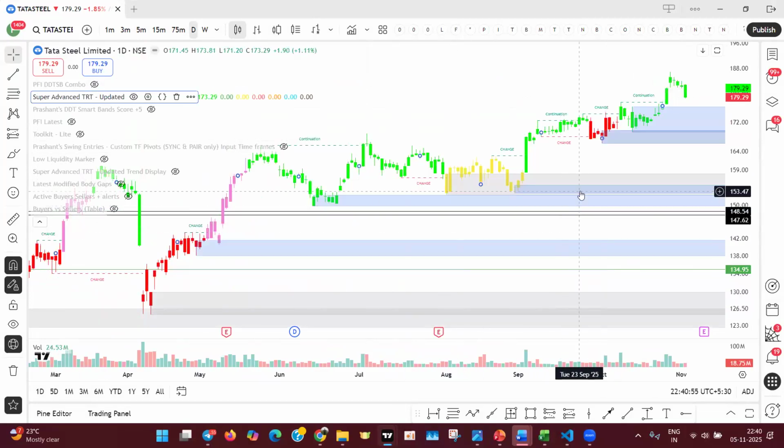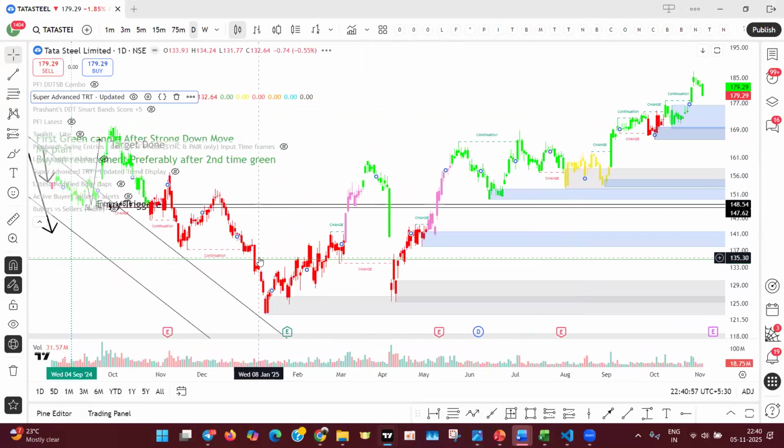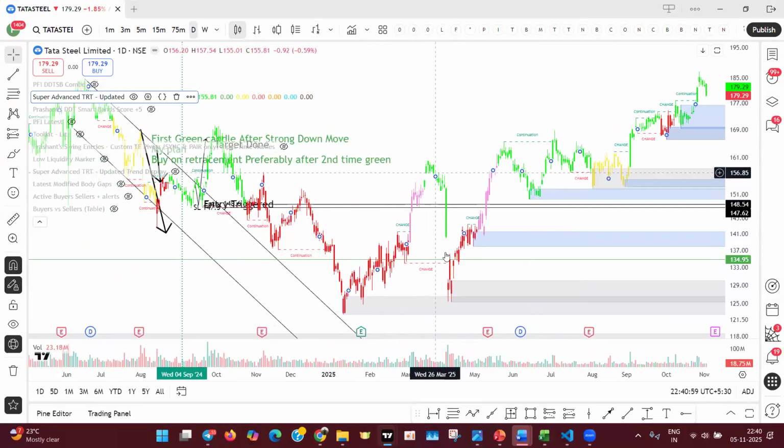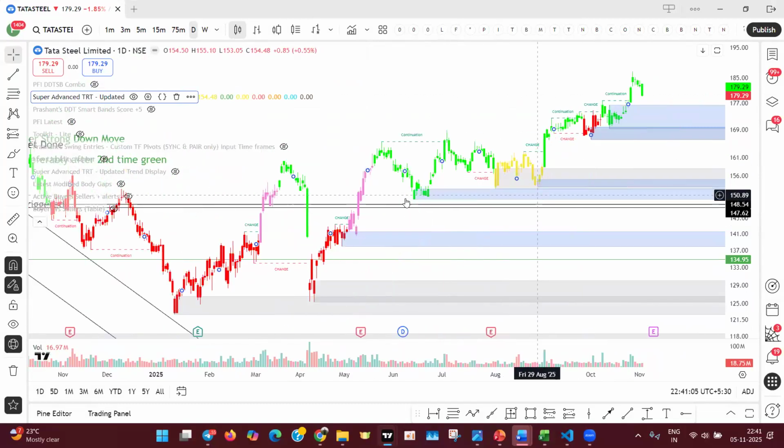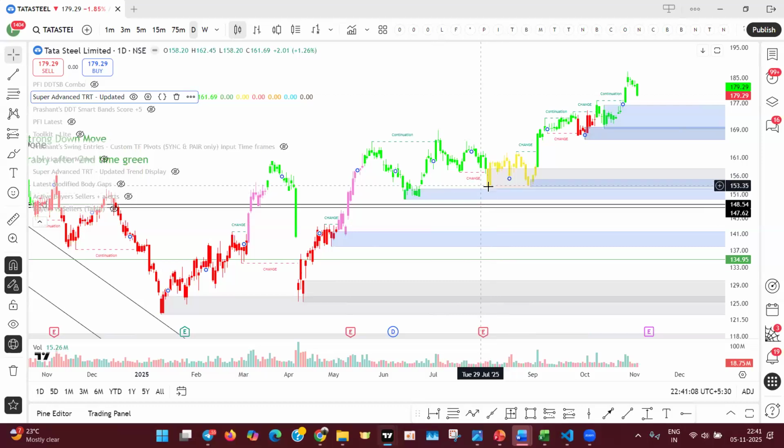TRT. You can notice TRT. It turned green here for the first time, came down, gave entry in the starting point. Again it turned green, came down, gave some retracement, went up and gave a retracement entry.